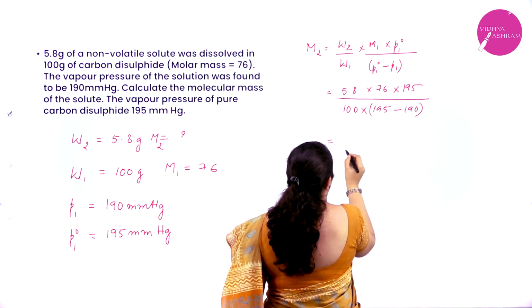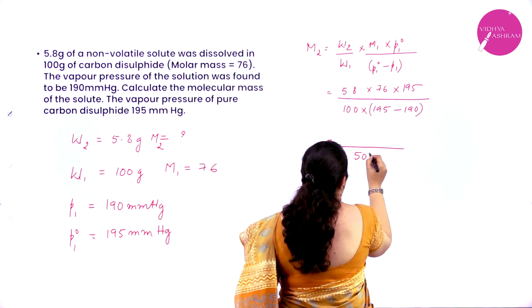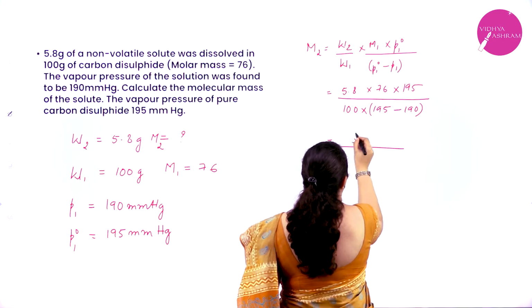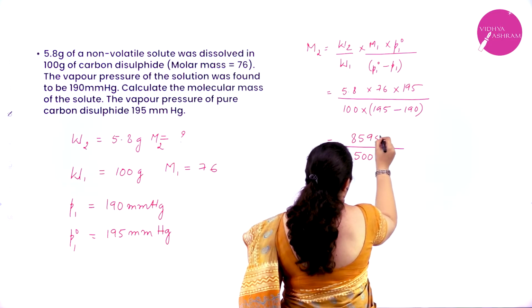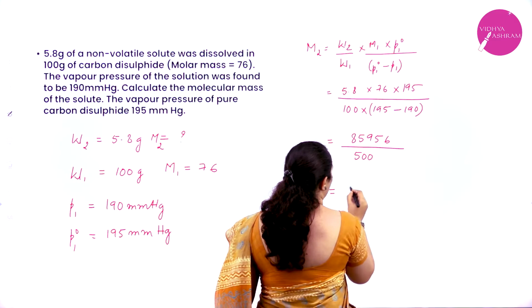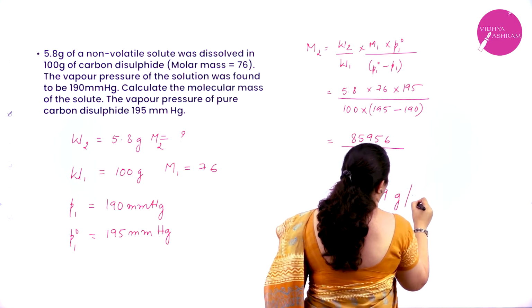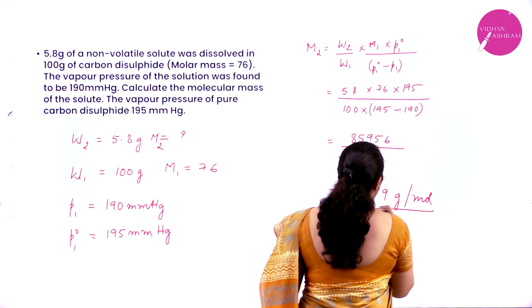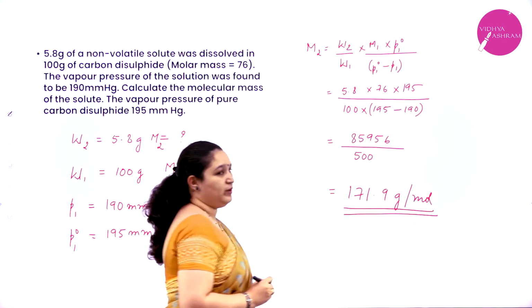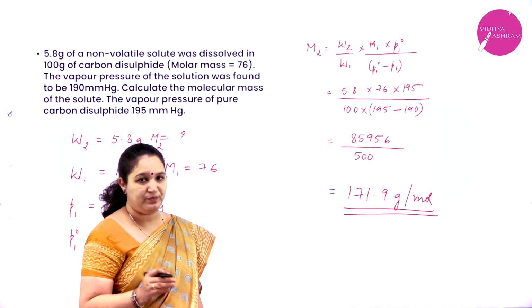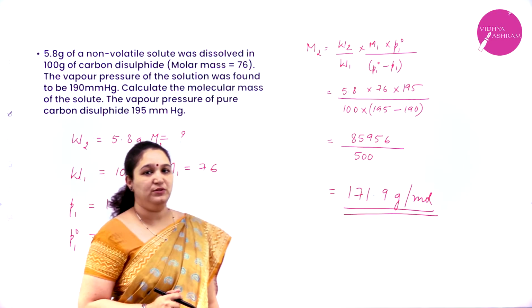Okay, so I will get this as 500 and here it is 85956, which gives the answer 171.9 gram per mole. So this is the answer which you are going to get. Okay, so we'll see the next question.